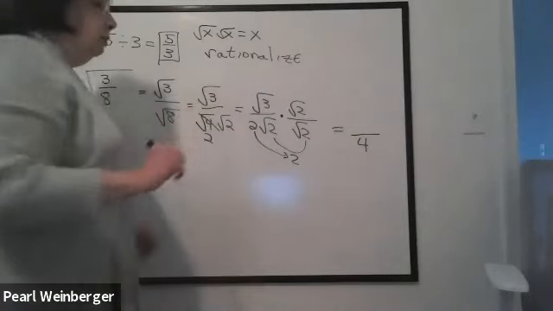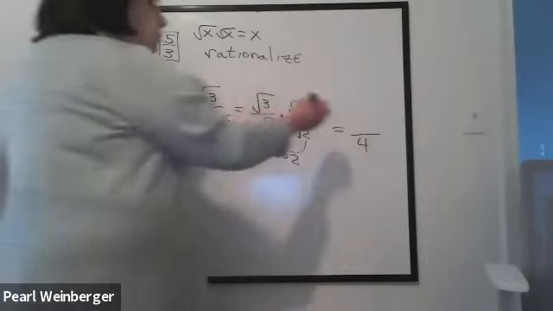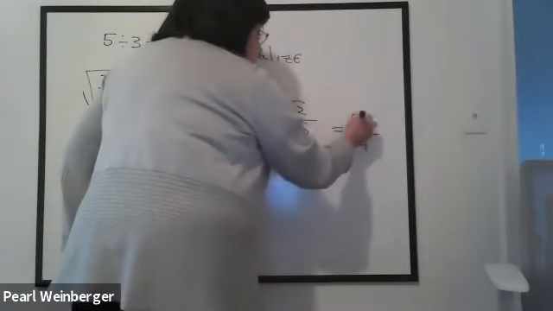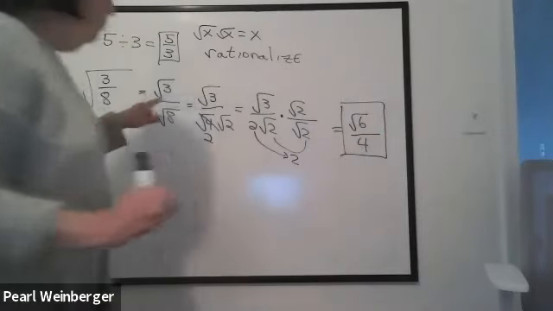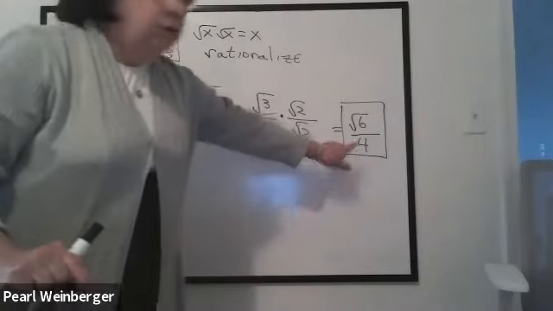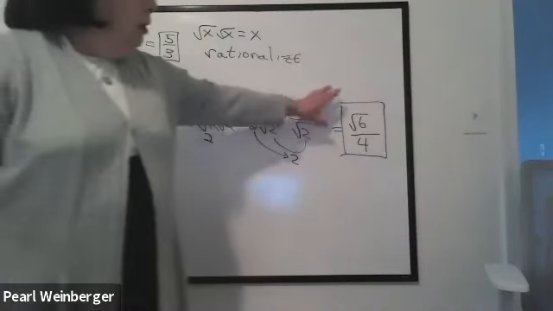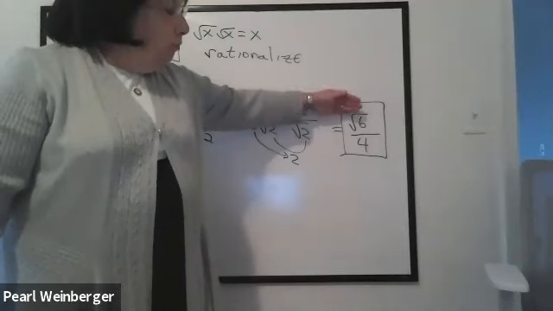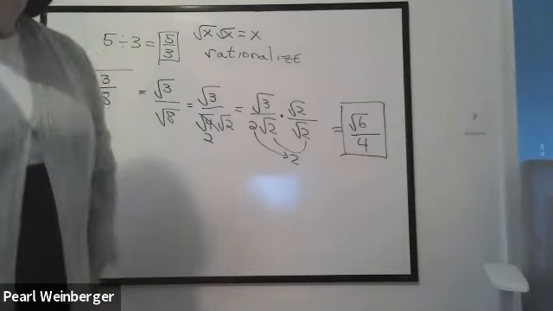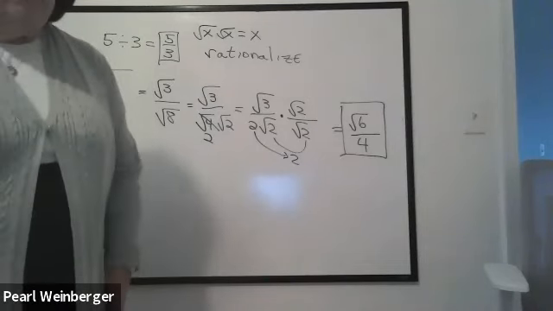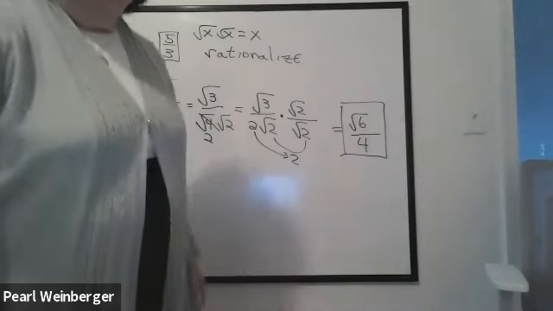The numerator, I know the square root of 3 times the square root of 2 is the square root of 6. And this is the proper answer to that problem because my denominator does not have any radical. We have rationalized the denominator. The only place we can have a radical is in the top, in the numerator. So that's how we take care of a problem that has a radical in the denominator.